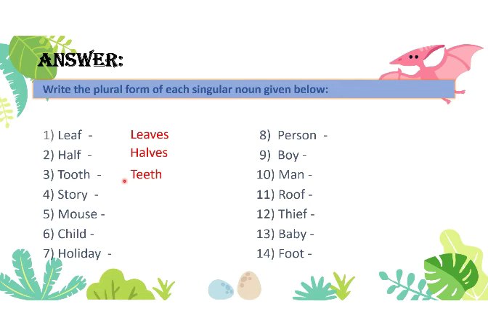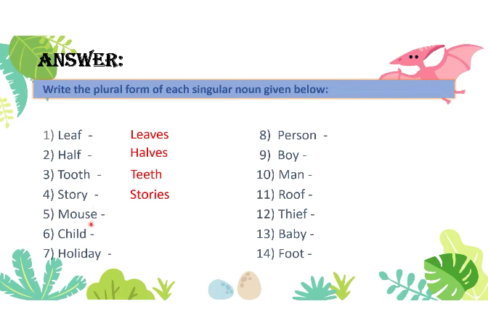Okay, so we will start solving the further ones. Story. The last alphabet is Y. Before Y it is R. So what will we do? We will change that Y to I, and then we will add, yes, ES.